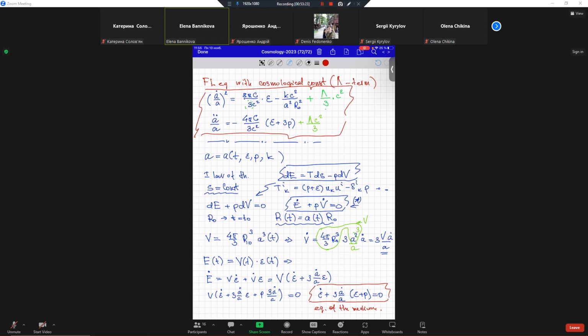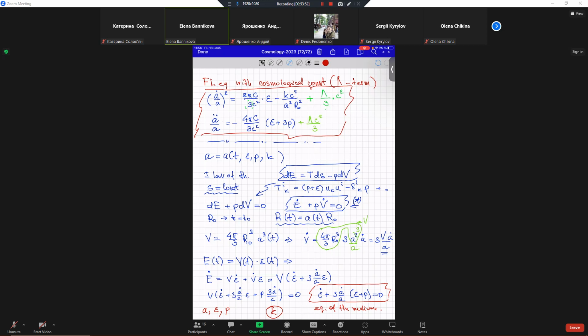in principle with 3 unknown values. This is the scale factor, this is energy density, and this is pressure. As parameters, this is the scalar curvature, this is the sign of the curvature of the space.